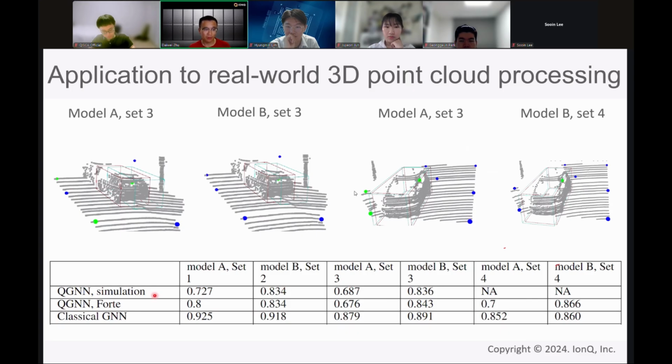And we tried this on both simulation and on QPU. You see that the QPU result indicates this algorithm is really quite noise resilient, right?